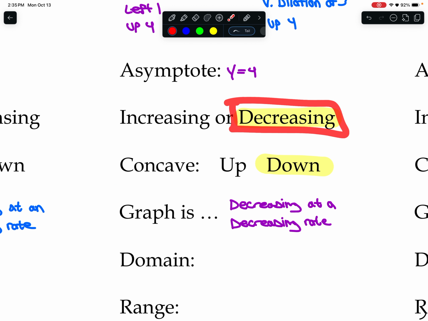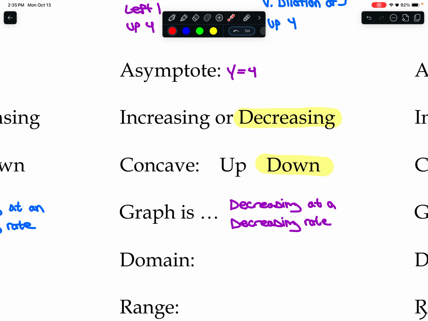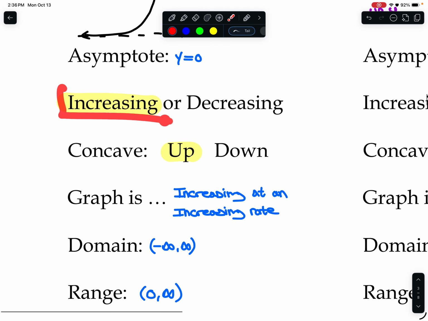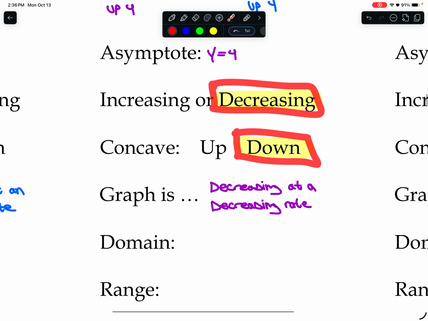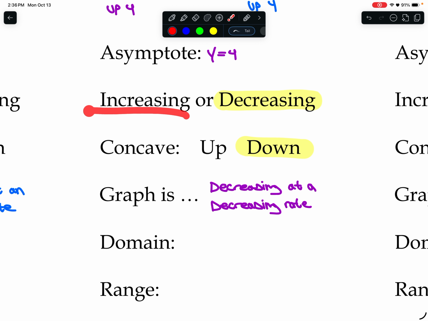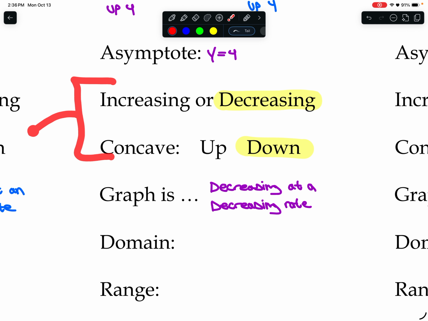Since I'm decreasing and concave down, the decreasing is going to correspond to the first decreasing. That's going to refer to the direction. And then the concavity is going to tell you if it's an increasing or decreasing rate. So in this case, if I look at the first one, I'm increasing at an increasing rate. Over here, I'm decreasing at a decreasing rate. Or if I was increasing and concave down, I would say I'm increasing at a decreasing rate, or vice versa. If I was decreasing but concave up, then I would say I am decreasing at an increasing rate. So this is your sentence stem to help you start with the next statement.